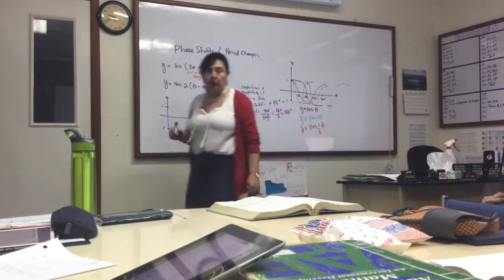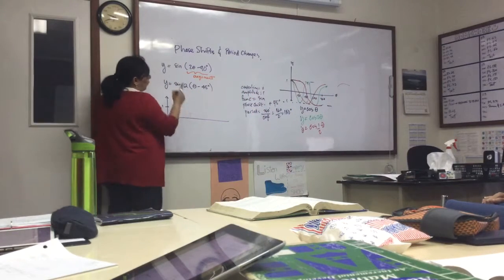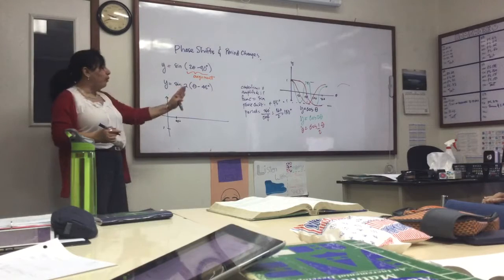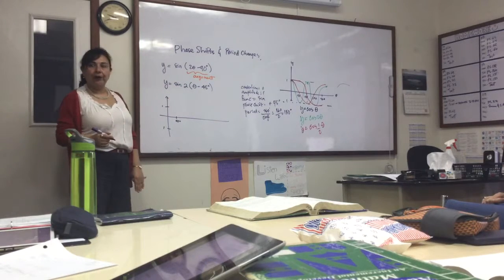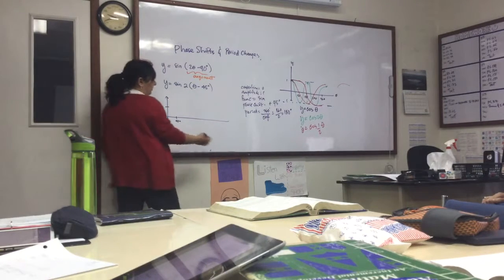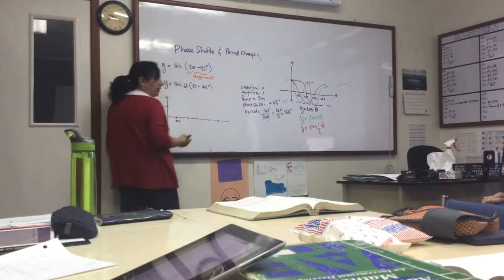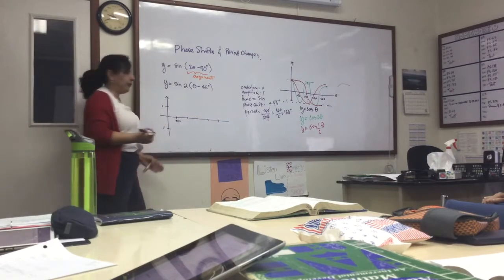Is that clear? Okay. So what that means is I start at 45, and for one full one, I'm going to end up where? Plus 180, exactly, because that's my period.